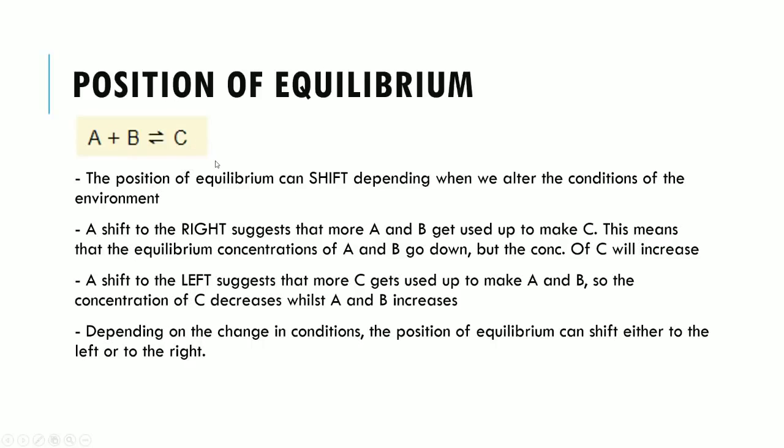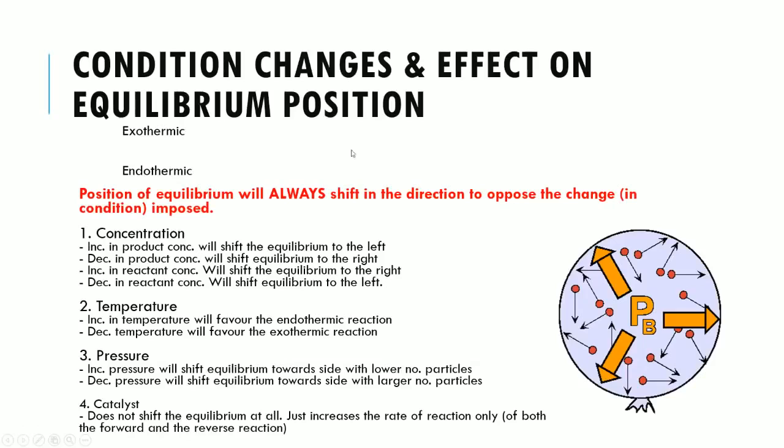Oppositely, a shift to the left suggests that more C is getting broken down to make A and B, so the concentration of product C goes down, whereas the concentrations of A and B will inevitably elevate. So depending on the change in conditions, the equilibrium can either shift to the right or to the left, and we're going to be looking at that in a bit more detail in this slide.